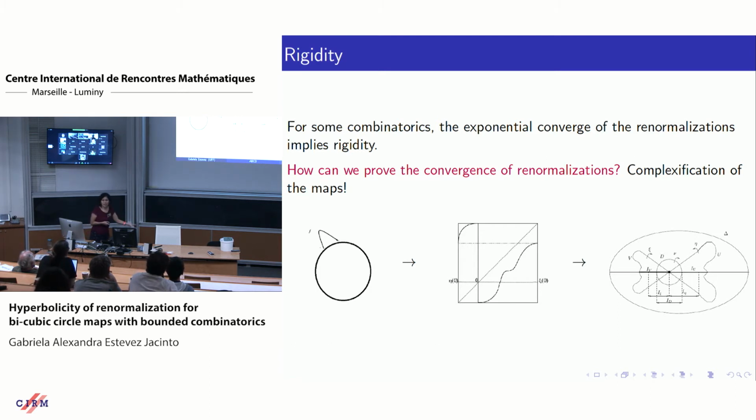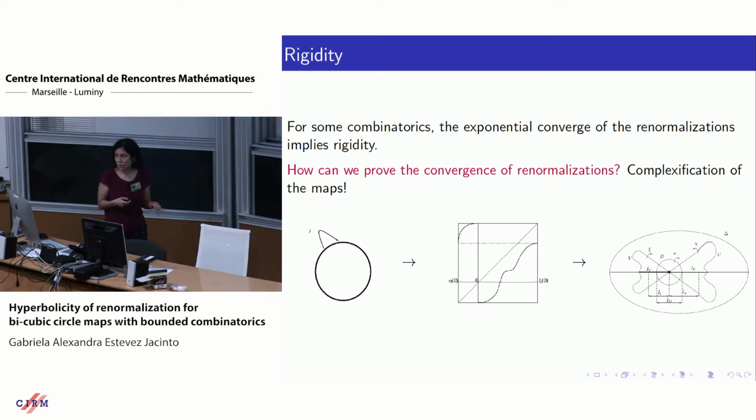So as we said this morning, the idea is to complexify the map. I made a picture because I think it's better to understand, even for me. You have a circle map here, this is a circle map F. You can associate a commuting pair using the return time. So the idea is to complexify this interval map.